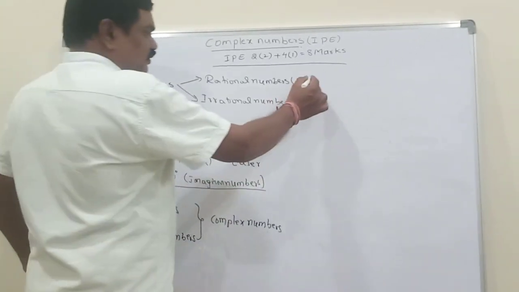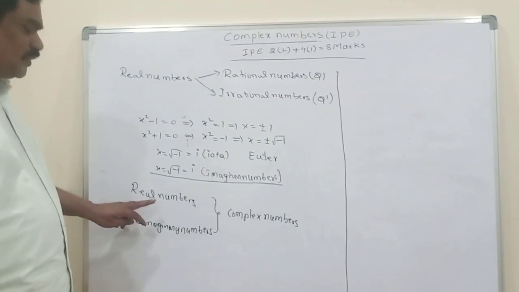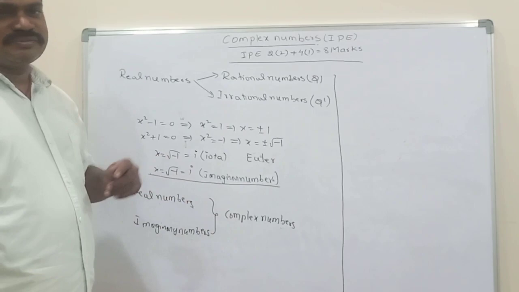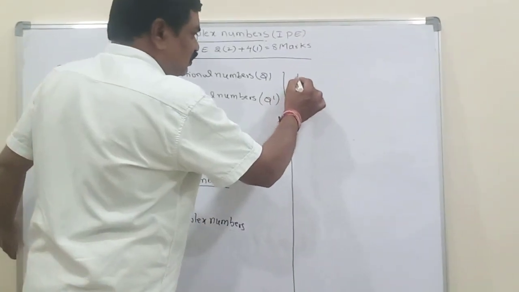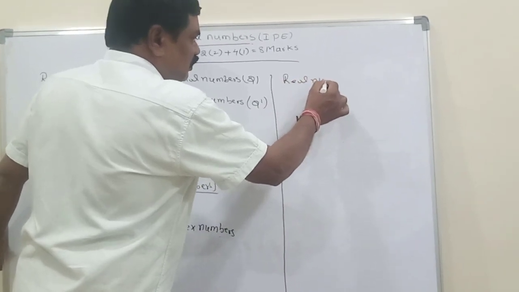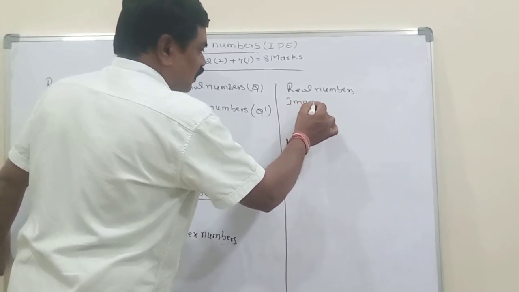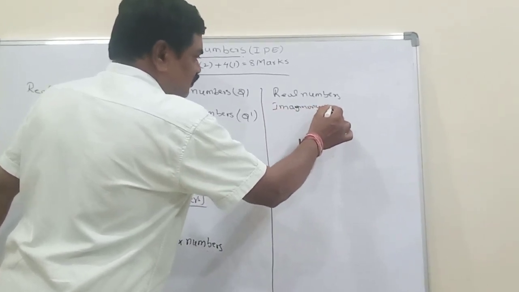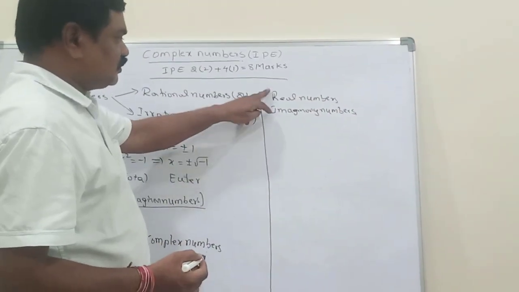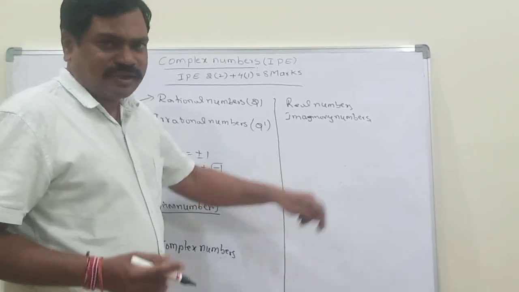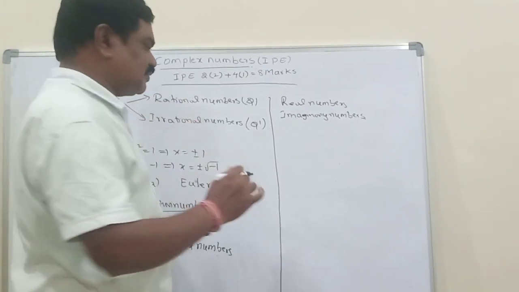So what are complex numbers? We conclude that real numbers and imaginary numbers are connected with some mathematical operation.